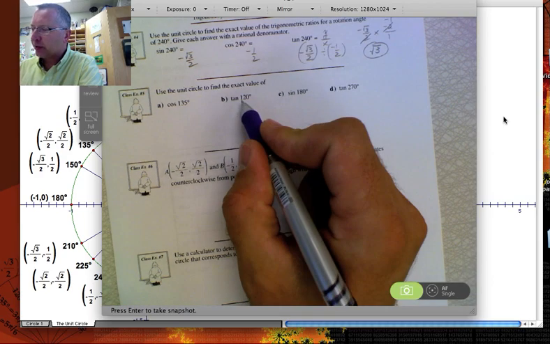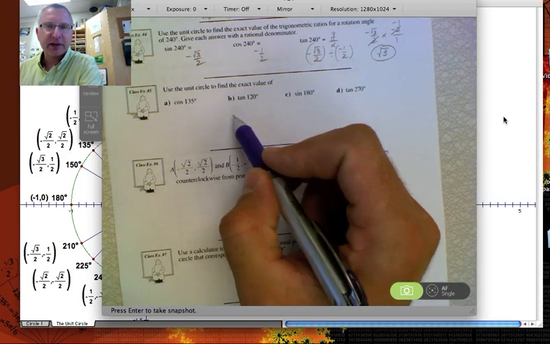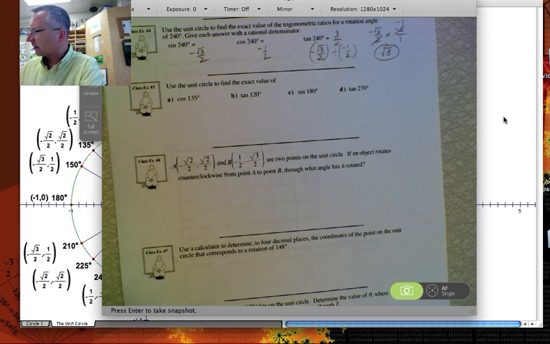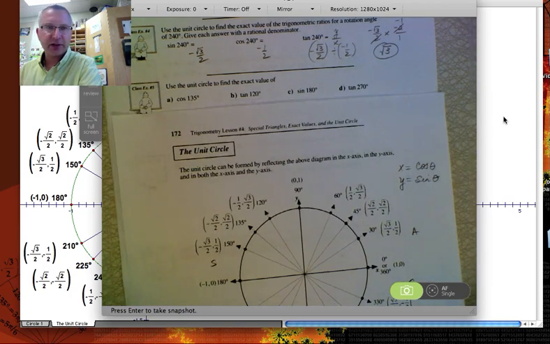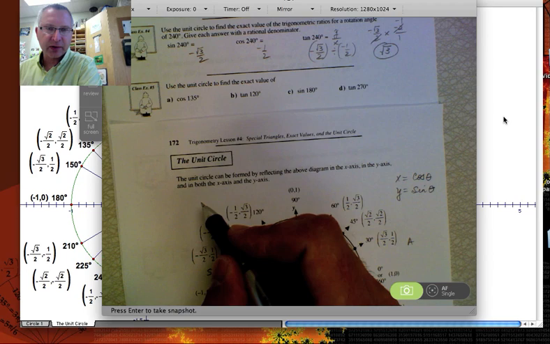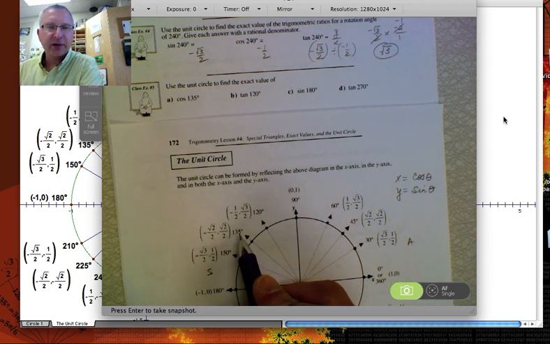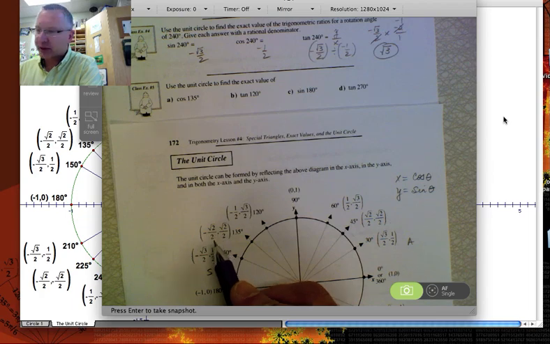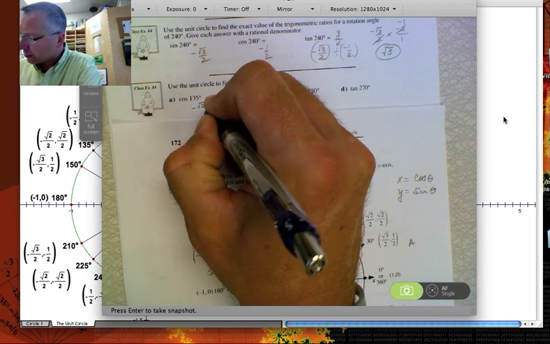Next thing I want us to do is use our unit circle to find the exact value of all of these other particular situations. So if we look at the cos of 135, here's 135 on our unit circle. Cosine is the x-coordinate, so it's negative root 2 over 2.